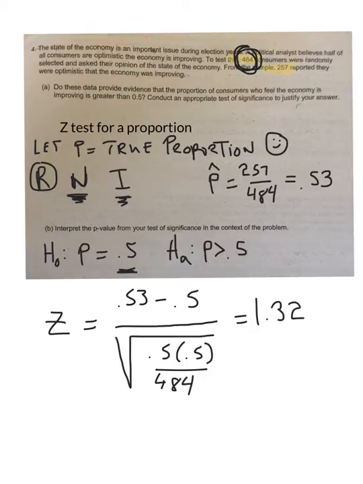So what do we do with that? Well, we're going to do normal CDF and plug this number in. Since we're looking for something bigger than 0.5, we're going to subtract it from 1, and you should get a p-value of 0.0934. That's the p-value.